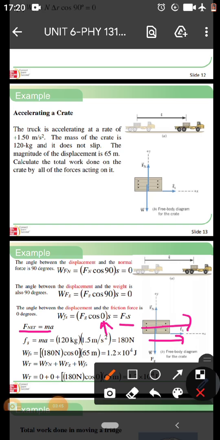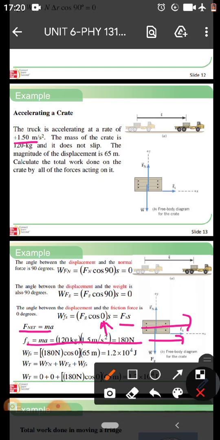Of a moving object, this is why we have it like this. We are given the acceleration, because the acceleration of the truck is the same as that of the crate. And then we have the mass of the crate, so we can determine the force.